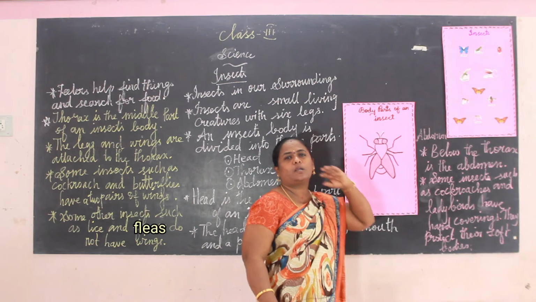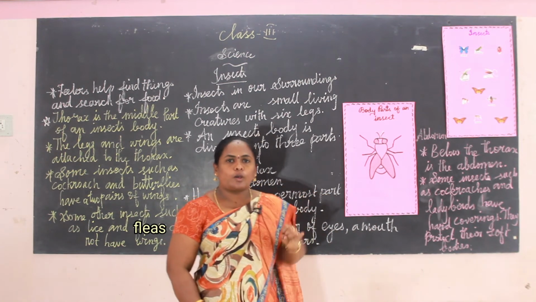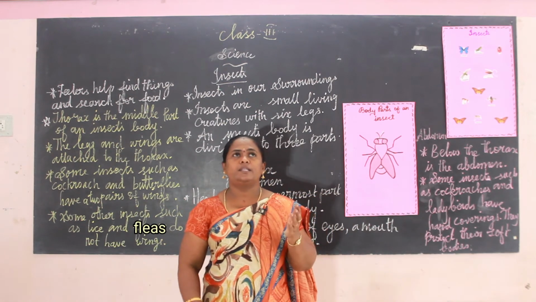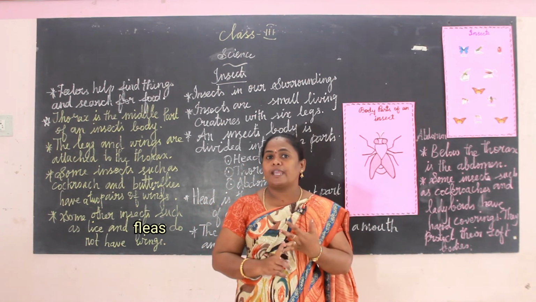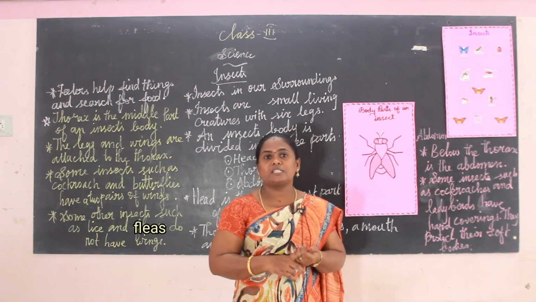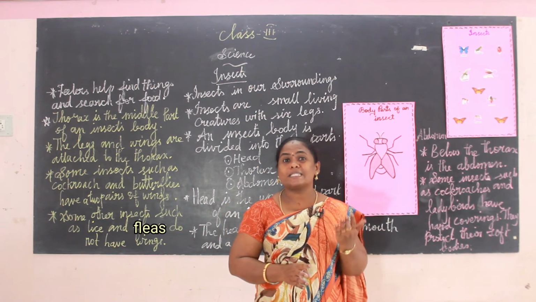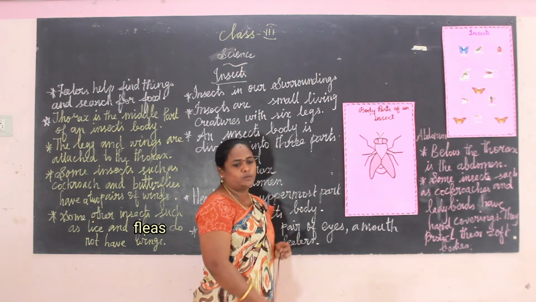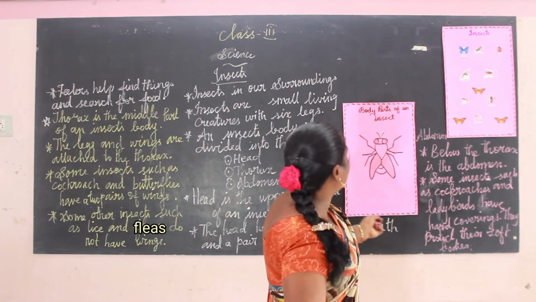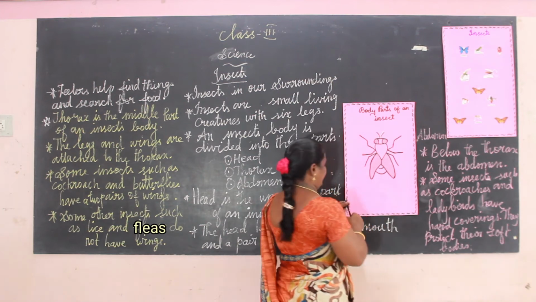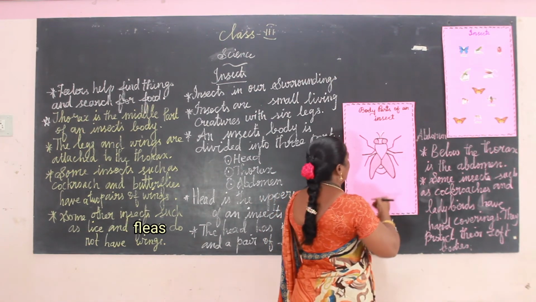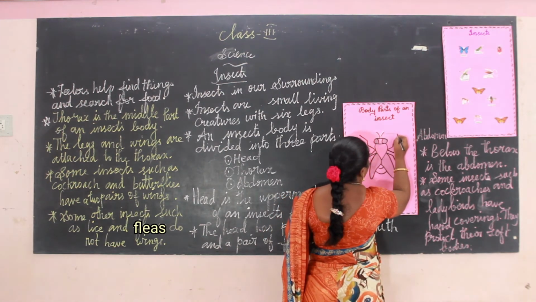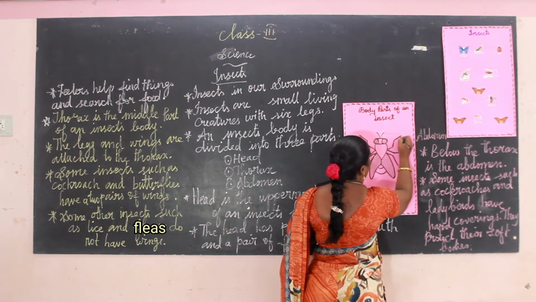Some commonly found insects are cockroach, butterfly, housefly, honeybee, dragonfly, beetle, lice and wasp. These are all commonly found insects in our surroundings. Let us mark the insect's body. This is the feelers or antennae.